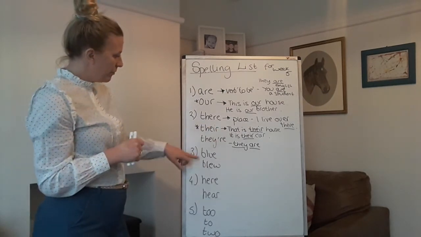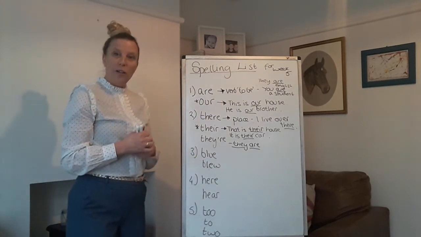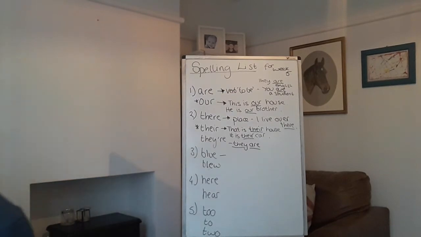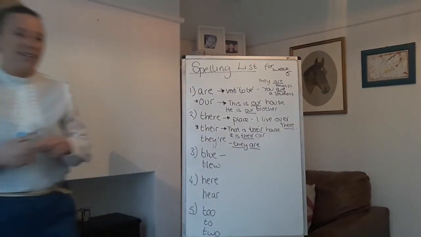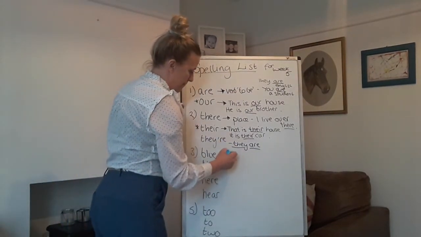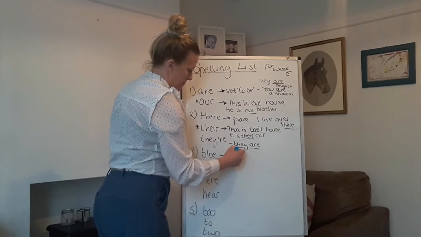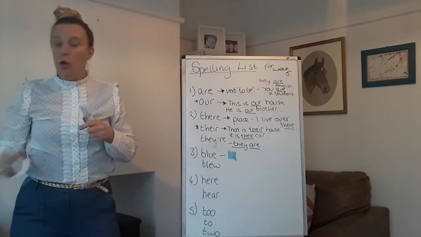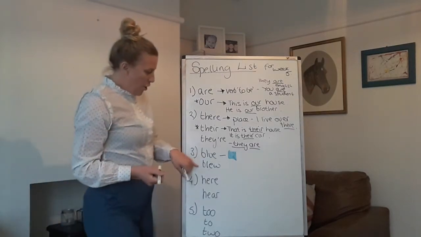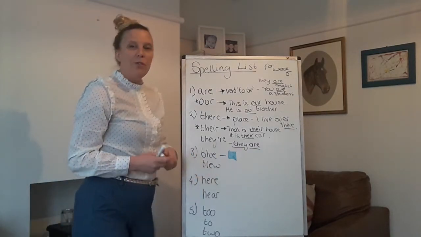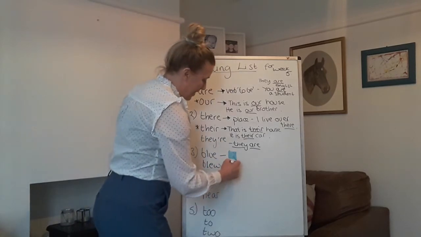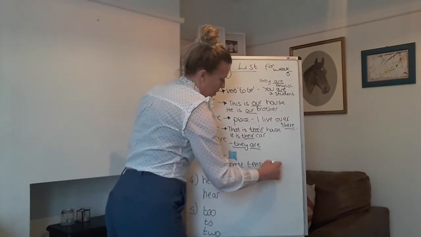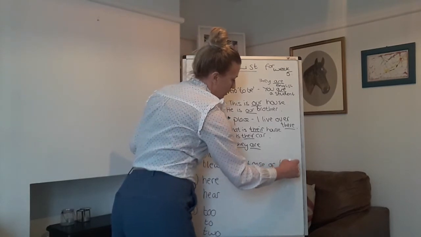Okay? And we've got blue and blew. So blue is the colour. B-L-U-E, blue. Blew, B-L-E-W, is the past tense of blow.